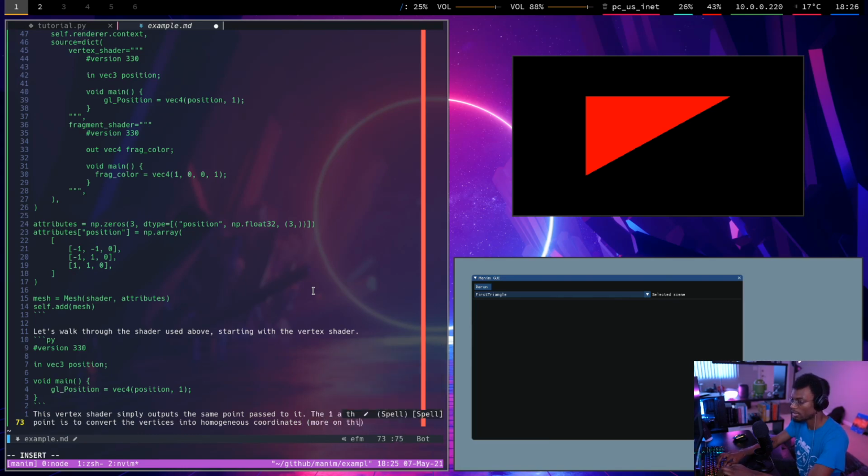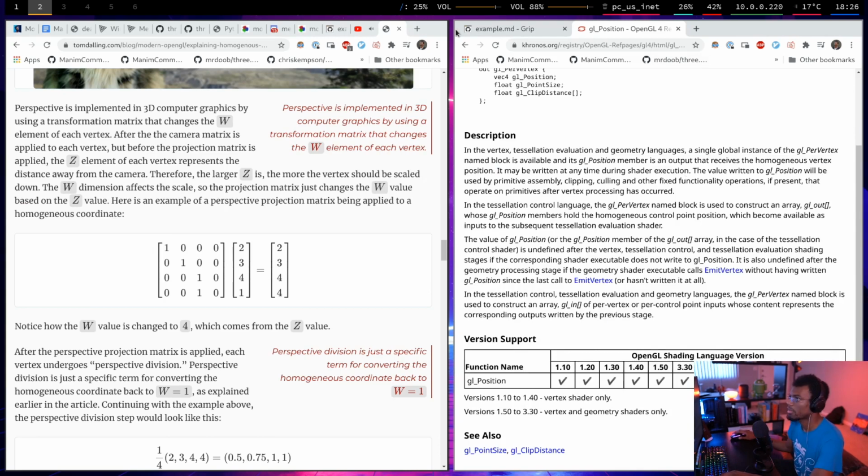More on this later, that's all I'll say. The one appended to the vertex, I'll say appended to position, is to convert the vertices into homogeneous coordinates. More on this later.